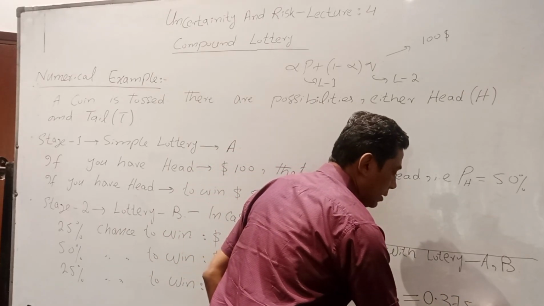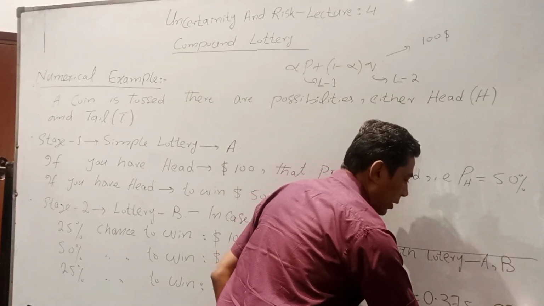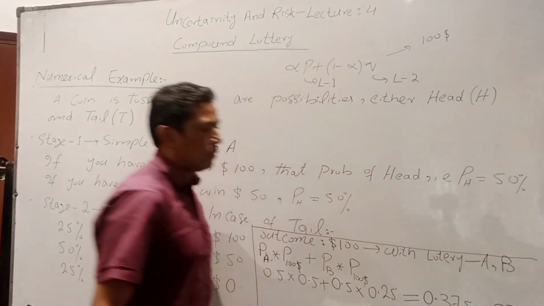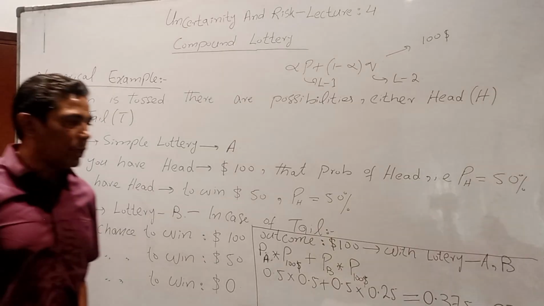You can write it approximately as $37.5 if you have a linear combination of these two lotteries.